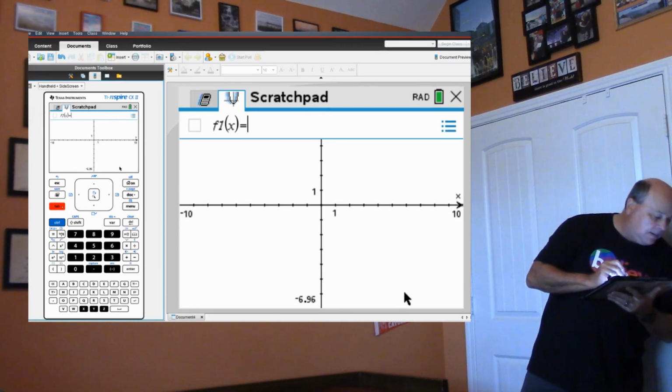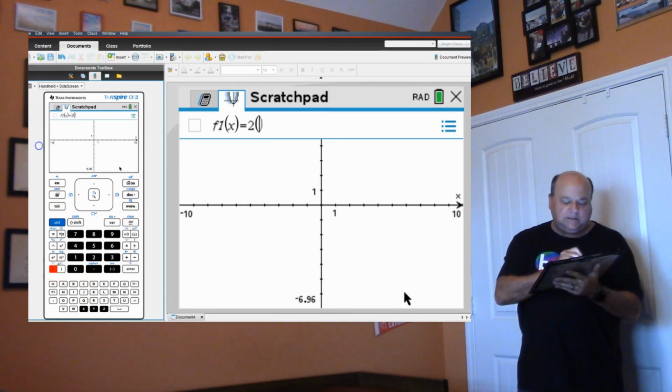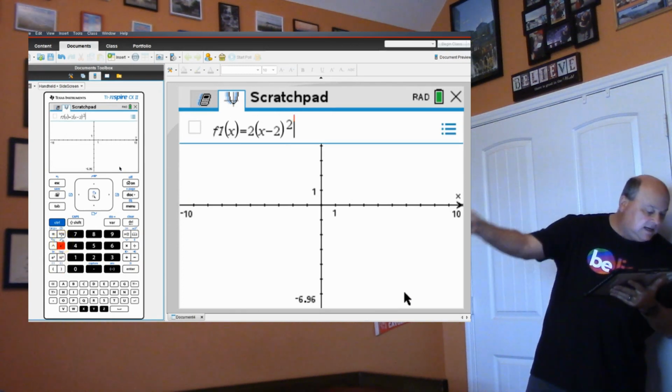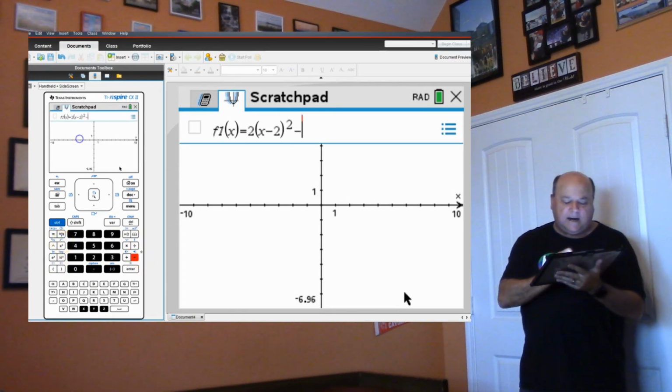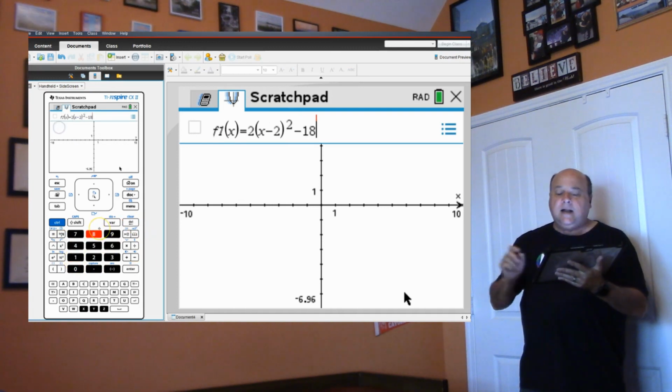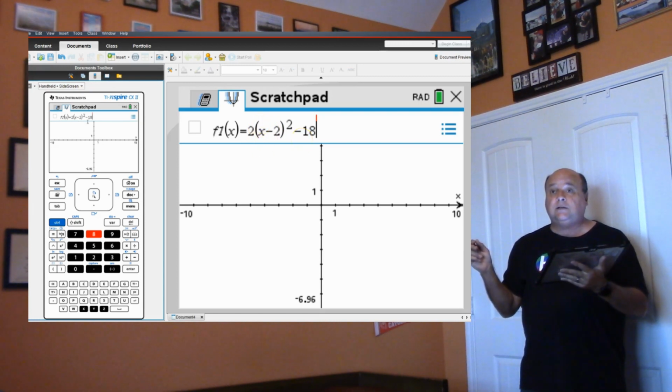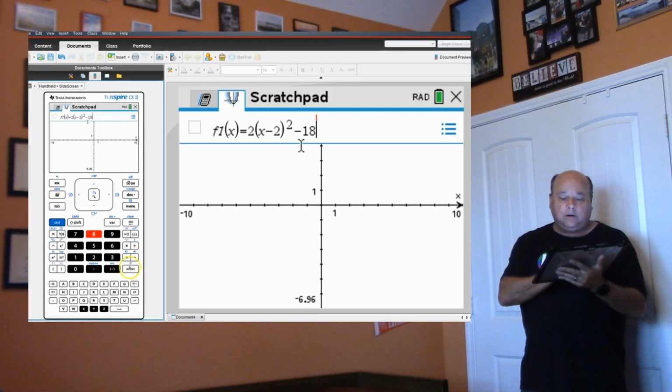And then we're going to type in 2 parentheses x minus 2 squared. And then the 18 is going to flip. It's going to go to a minus 18 because we're going to move it to the other side. Now then, right here, the opposite of a negative 2 is a positive 2. 2, negative 18 is going to be my vertex. But let's go ahead and hit enter.